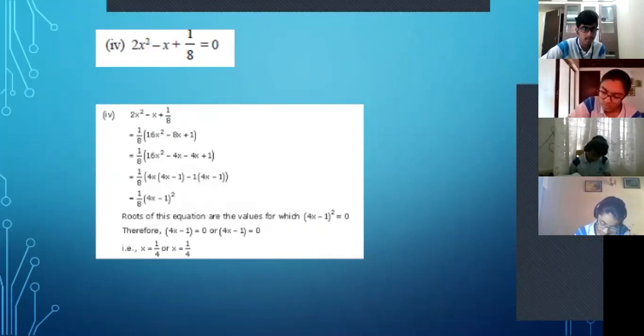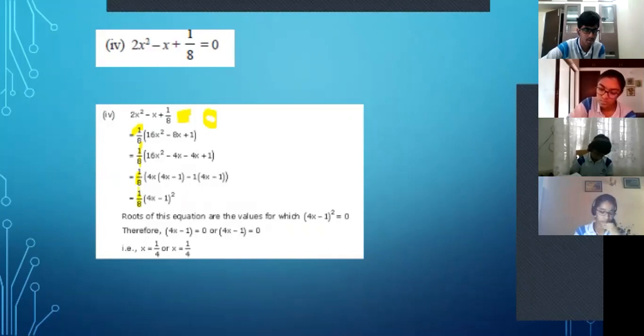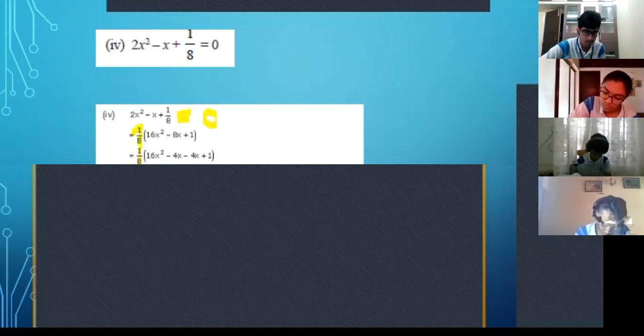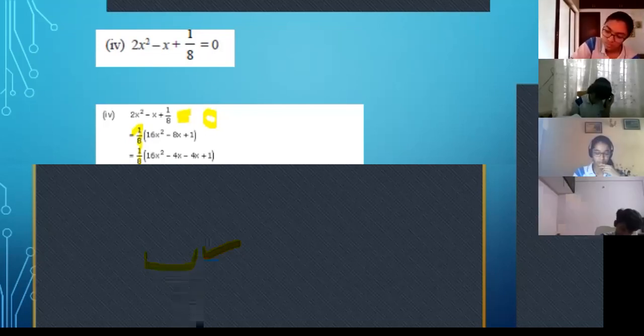That's it. So this 1 upon 8 goes away. Equate it to 0, this 1 upon 8 goes away. So basically you are left with 4x minus 1 whole square. So again you get equal roots, 1 upon 4 and 1 upon 4. Is that so? Yes, ma'am.